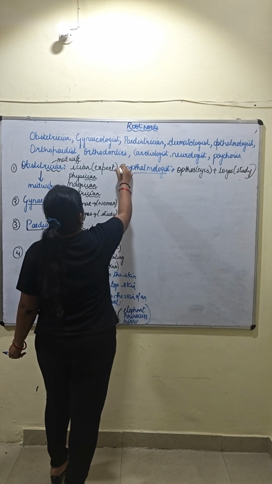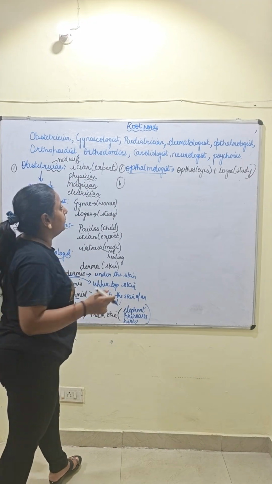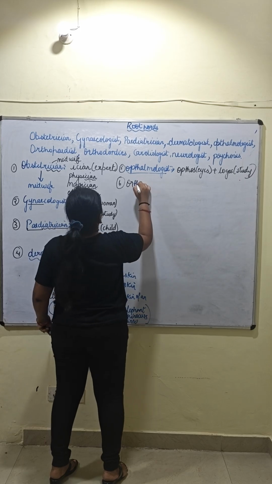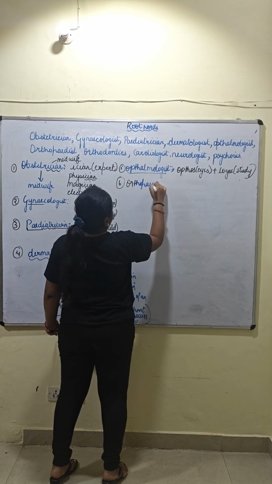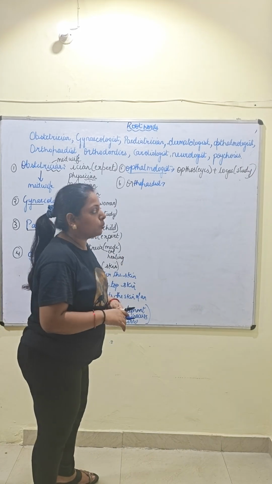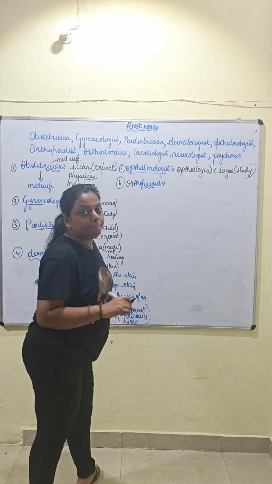This happens to be number 5. Number 6 is orthopedist. Now, I am going to tell you a very interesting fact about it. Let's break this word. Orthopedist. It has child also. Pedist.